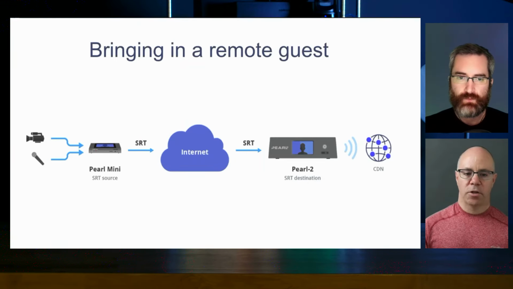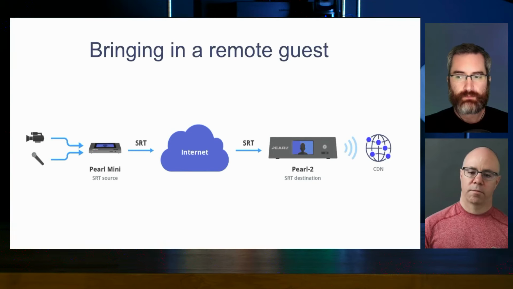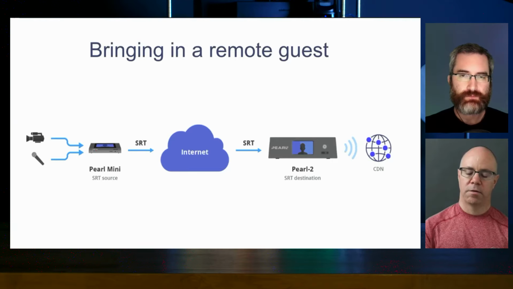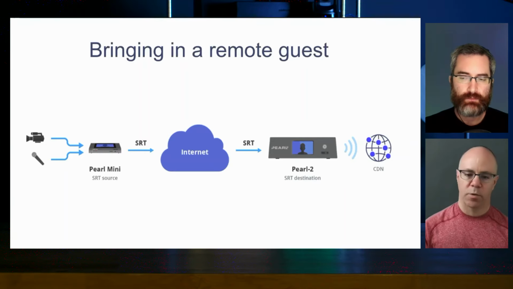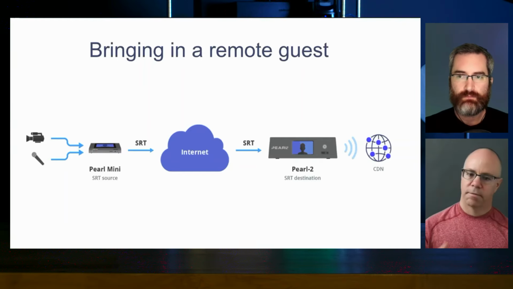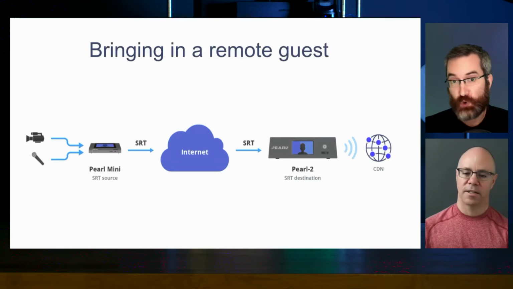So having those SRT sources on a production level allows you to move that production point from the source and be able to take in multiple sources that could be geographically very diversely distributed, bring them all into one central point, do your production from there, and then continue from that point, which in our diagram here is the Perl 2 that's aggregating a stream from a Perl Mini, and then maybe you're doing your graphics and other production elements there, and then you can stream to a CDN, again, either using Dash or HLS or SRT to get to your destinations.